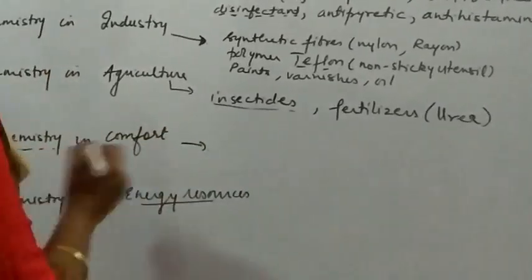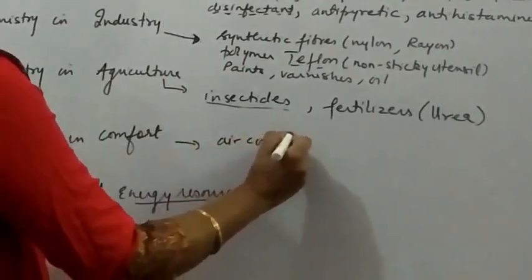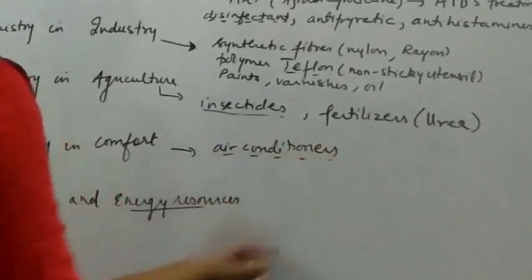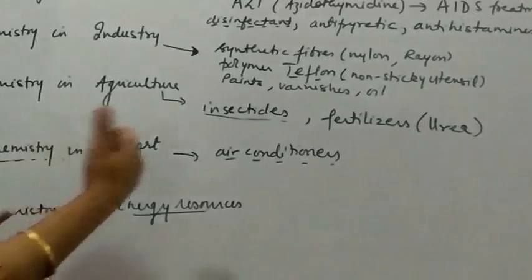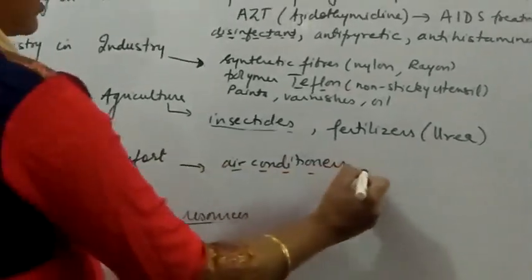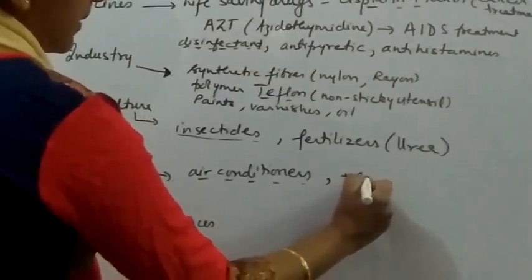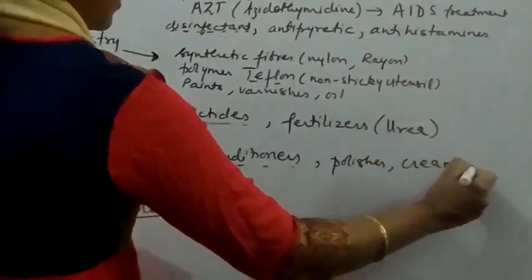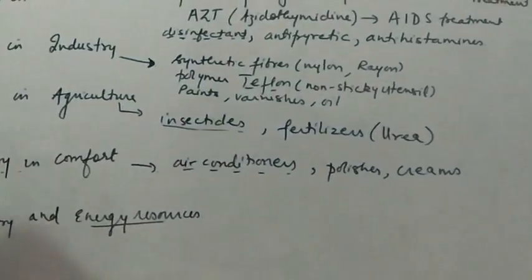So here we have air conditioners, which use SO2, sulfur dioxide, and other compounds. In the same way, we can say kinds of polishes, creams, right? And many others are there where we use chemistry for our comfort.